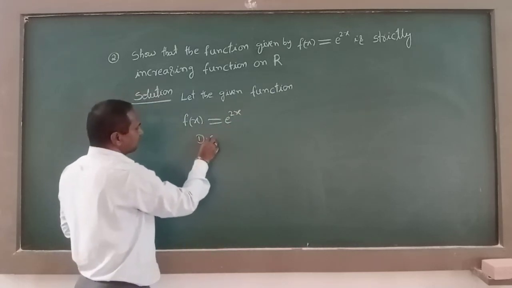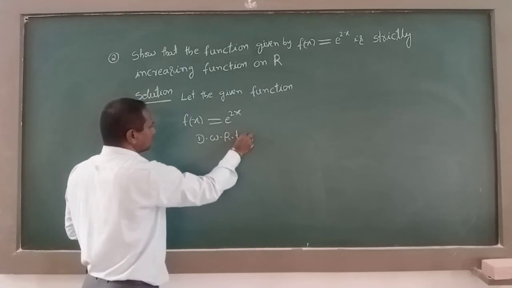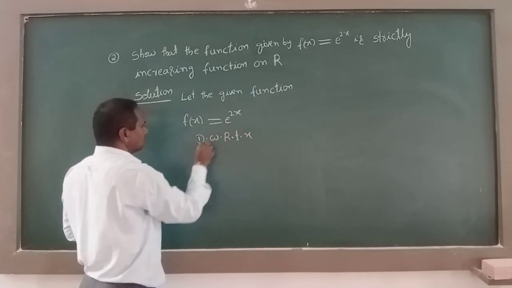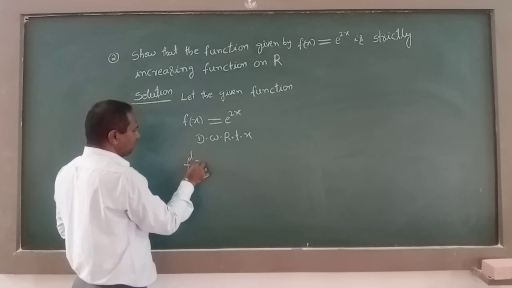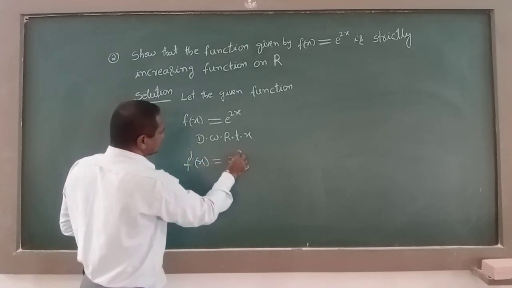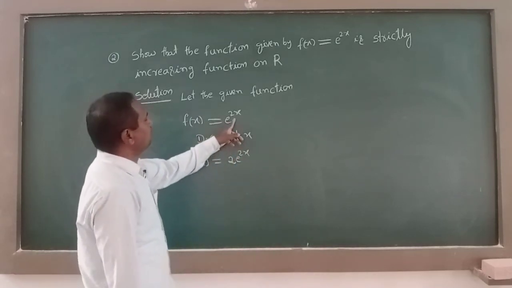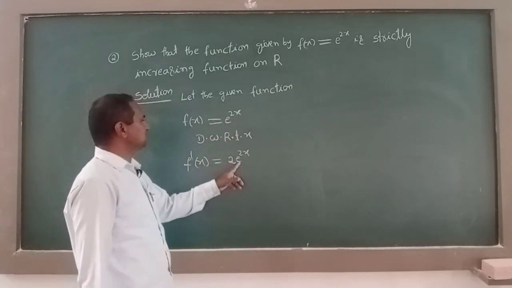Differentiating with respect to x, f dash of x is equal to 2 into e to the power of 2x. d by dx of e power 2x is e power 2x, and d by dx of 2x is 2.